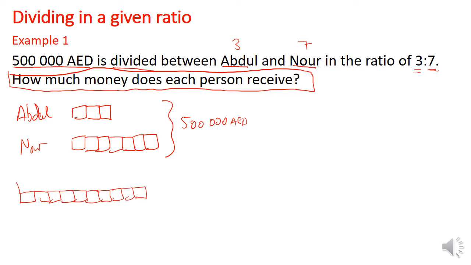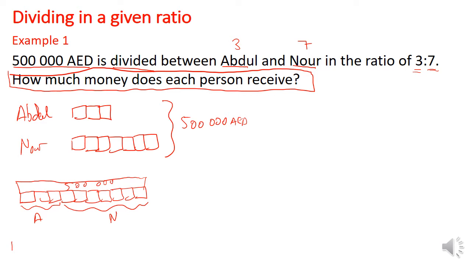So we've got 10 parts there, and we've got the 500,000 dirhams. So we know that 3 of those parts are for Abdul. I'll just put an A there for Abdul. And the 7 parts here are for Noor, and I'll put an N for Noor.